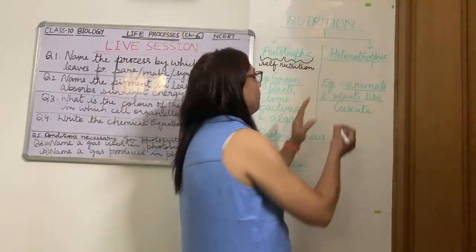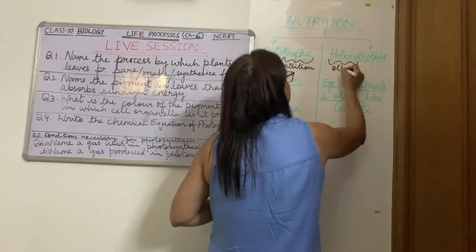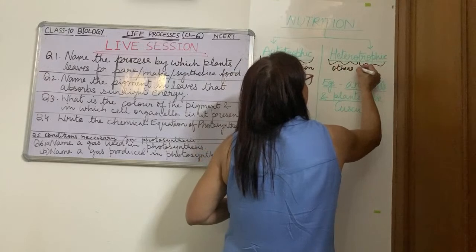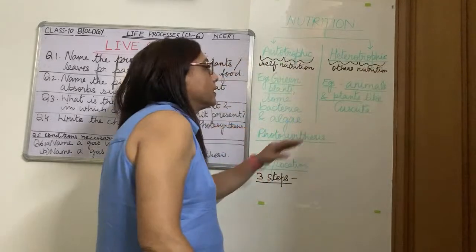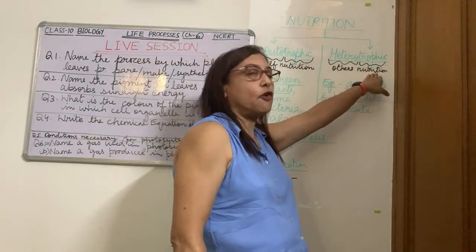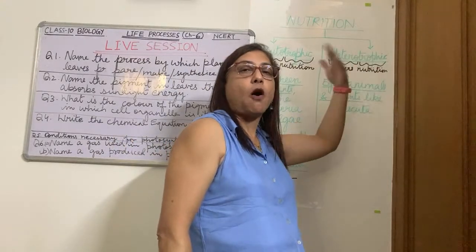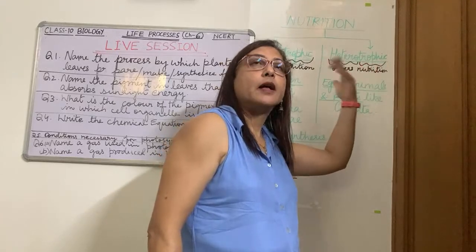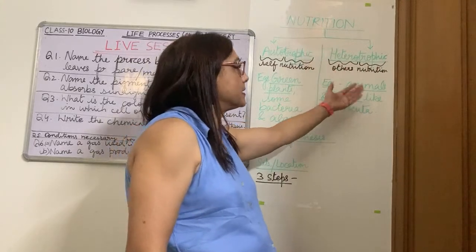And heterotrophic, hetero means others, and trophy means nutrition. So heterotrophic is the nutrition that is obtained from other organisms. We are not going into the details of this.